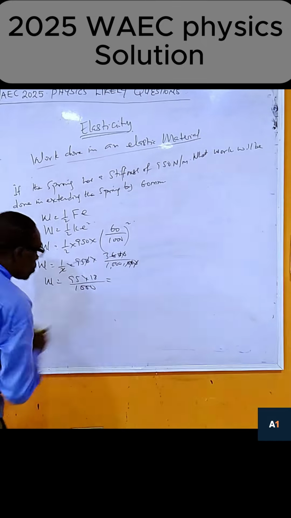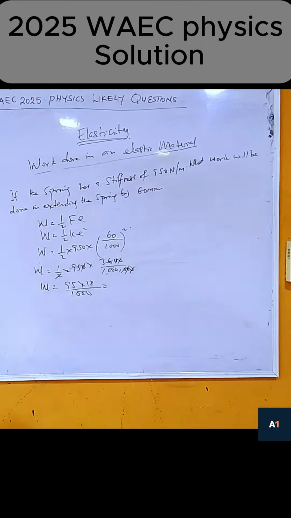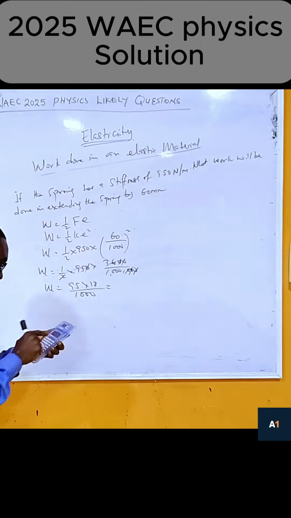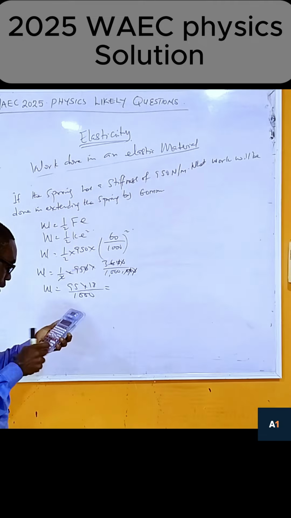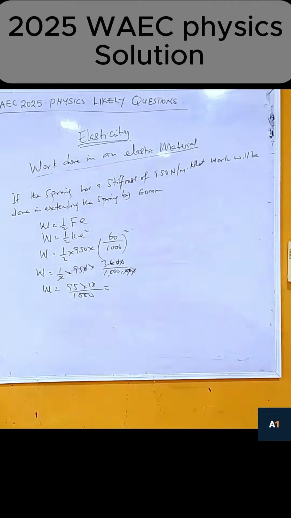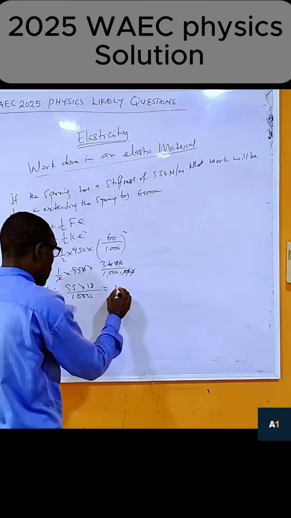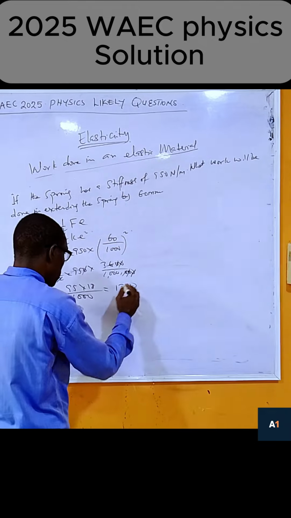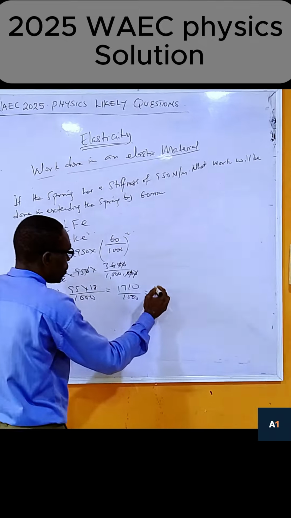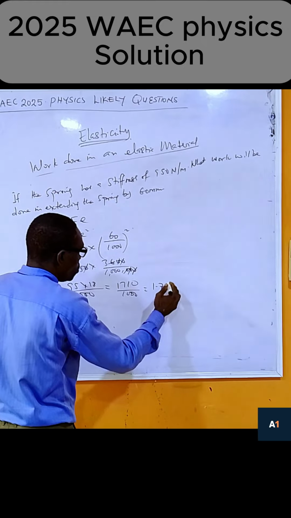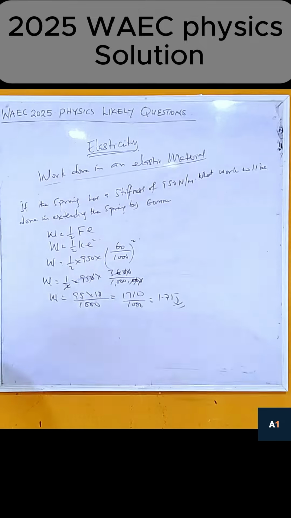Let's multiply it. 95 times 18 gives us 1710, divided by 1000, which will be 1.71 joule. So this is our answer for this particular question.